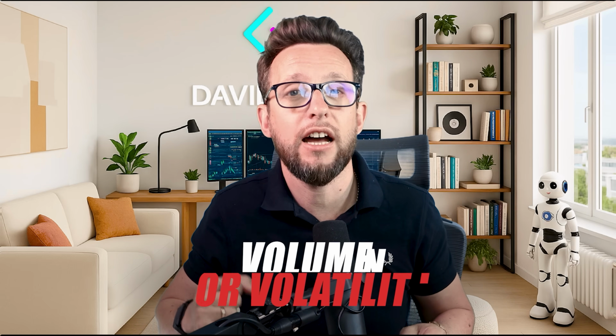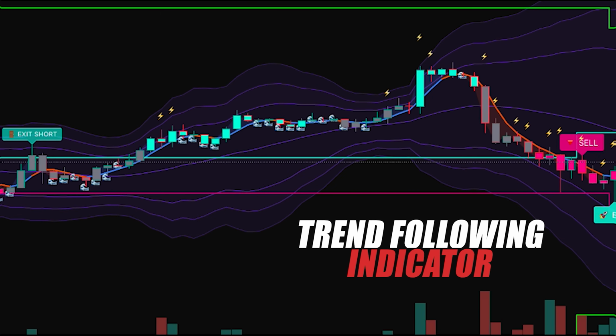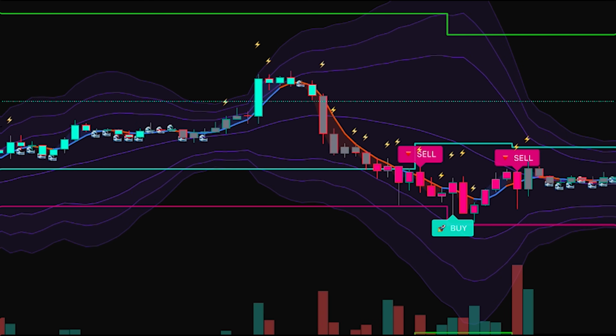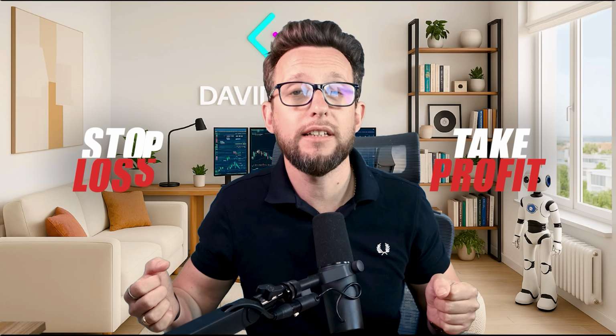We also have a volume and a volatility indicator, which helps to make sure that there's enough movement in the market for us to take an entry. These are trend following indicators, so we're looking to jump on a trend as it's happening and profit from that market move. We also know in advance the stop loss and the take profits before we get into a single trade.